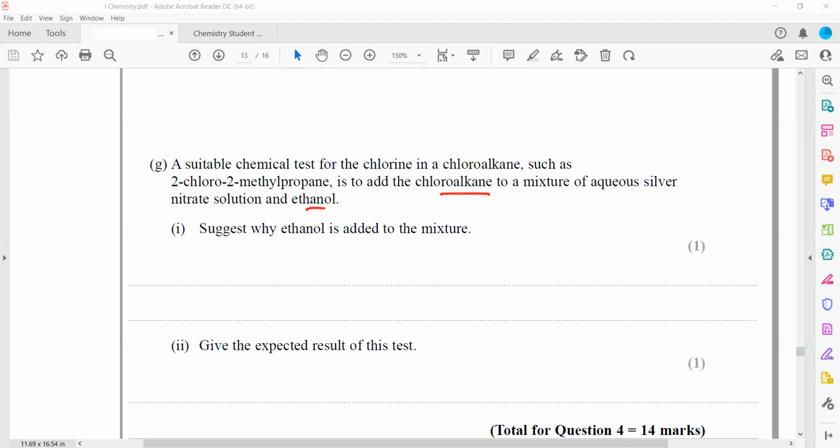So if we directly add aqueous silver nitrate, the two substances will never mix with each other, and we won't observe anything. So what we have to do first is dissolve it in ethanol, because aqueous solutions and alcohol can mix with each other. So ethanol is used to dissolve the halogenoalkane so that the two reagents can mix with each other.